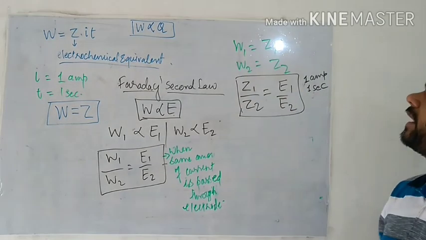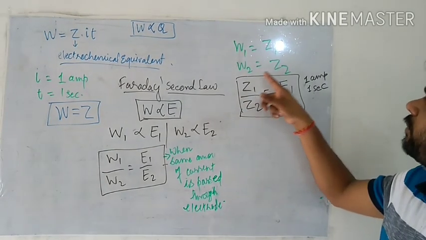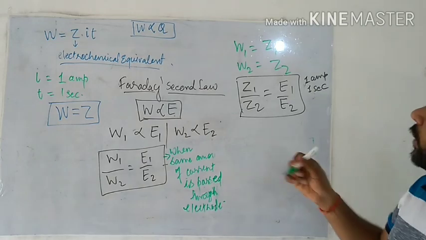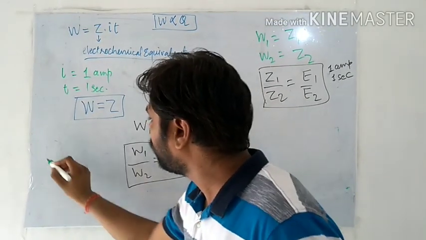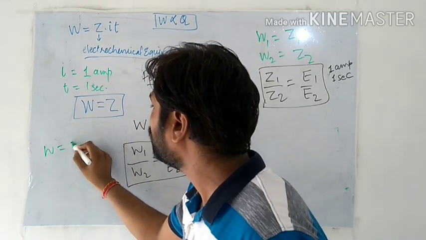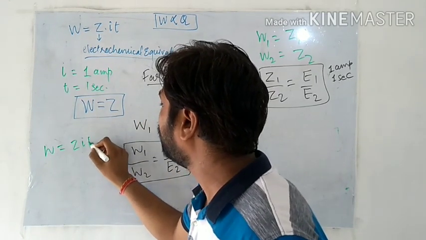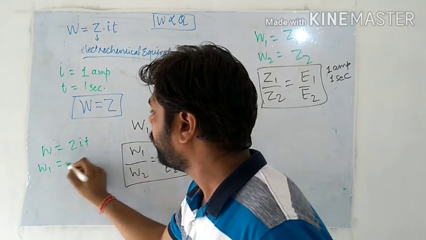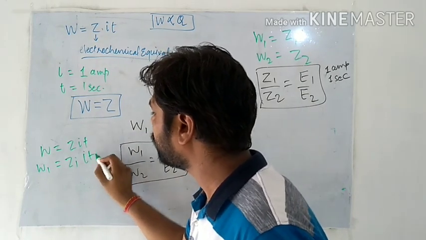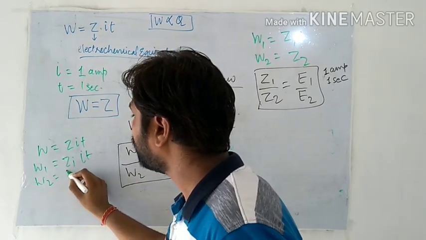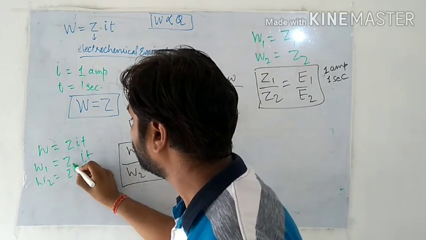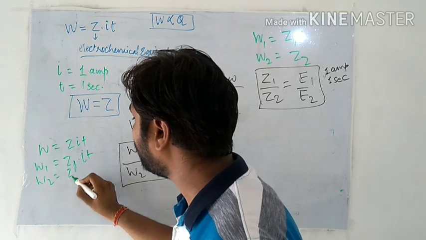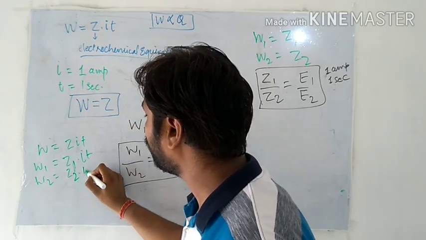यहाँ पर हमने देखा that W1 is equal to Z1 and W2 is equal to Z2, क्योंकि दोनों ही केसेस में अगर देखेंगे, if we talk about this formula, we have W is equal to ZIT. For W1 we have Z1 into IT and W2 is equal to Z2 into IT.